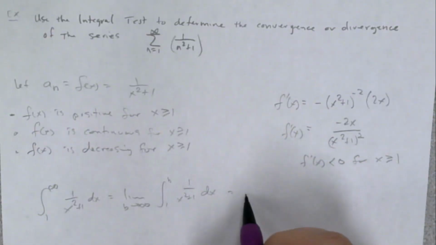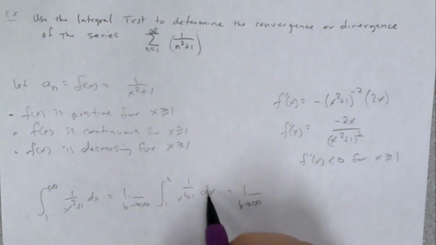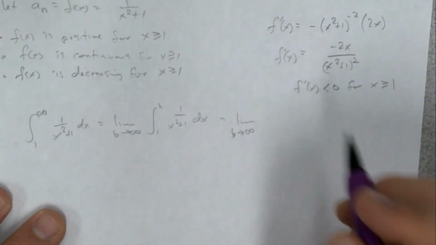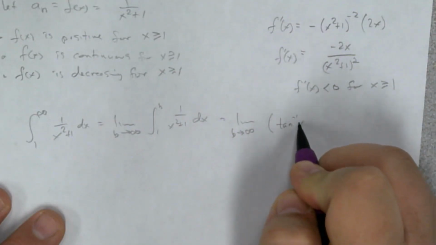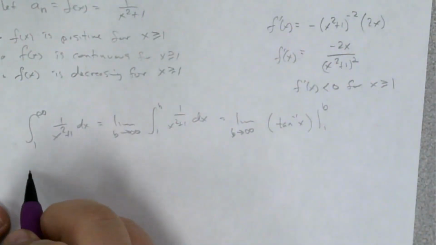This is now the limit as b goes to infinity. And this right here is the inverse tangent function. Make sure you recognize it, from 1 to b.